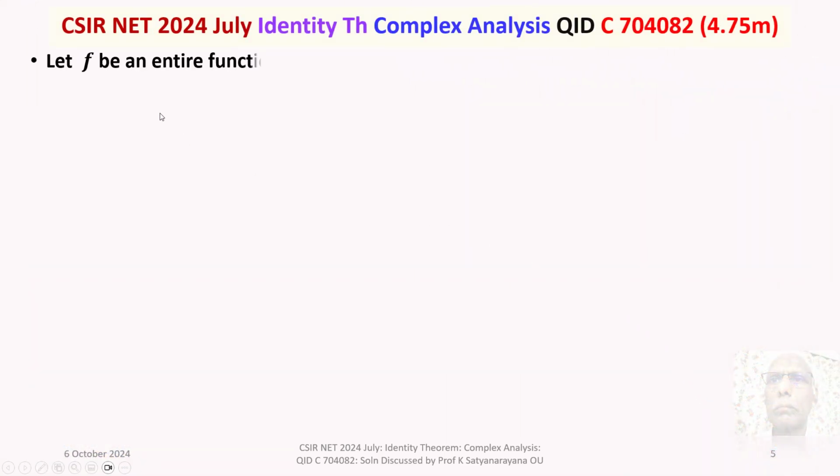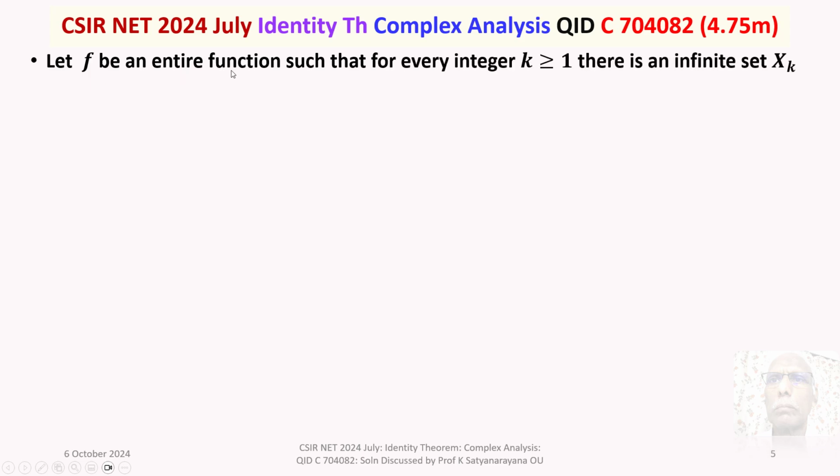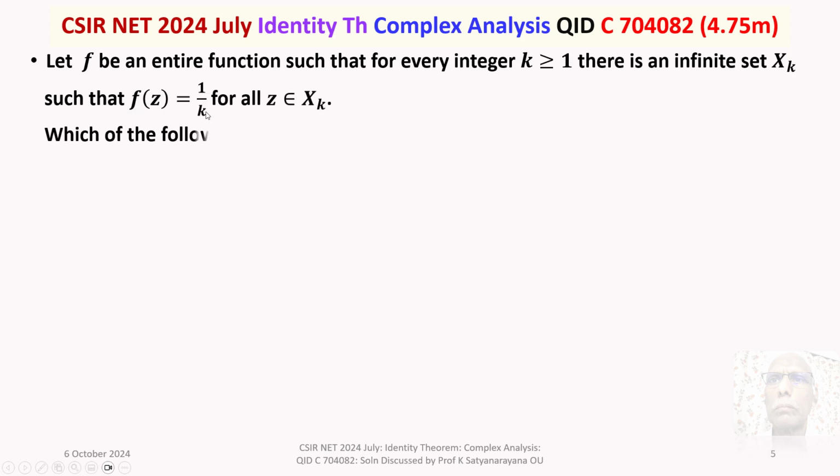The given question is, let f be an entire function such that for every integer k greater than or equal to 1, there is an infinite set X_k such that f(z) is equal to 1/k for all z belongs to X_k.